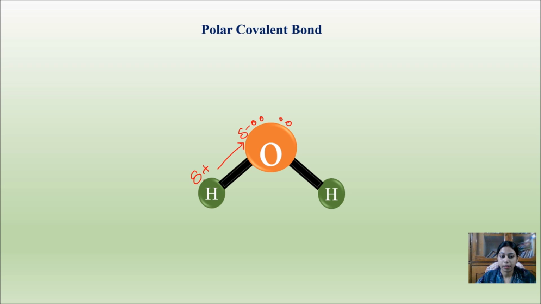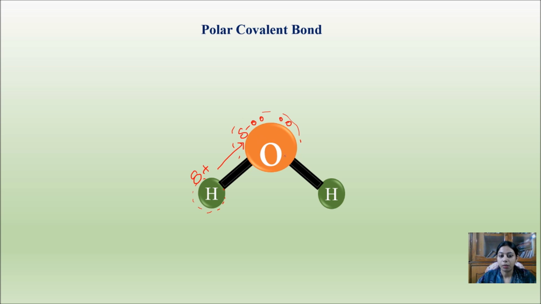This sign resembles that, because of the pulling of electrons toward the oxygen, the electron density around the hydrogen is shifted toward the oxygen. So here the density of electrons around the oxygen is more compared to that of the hydrogen atom, and this creates polarity with respect to the electron density.